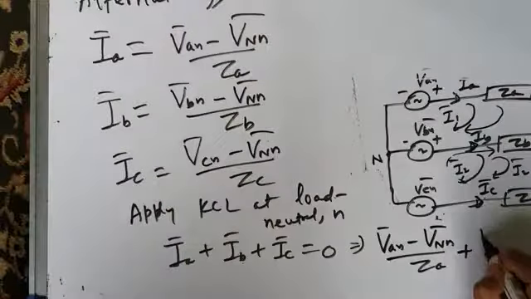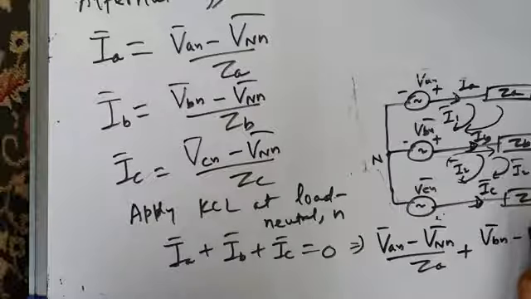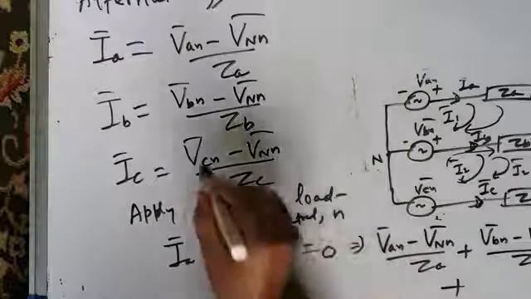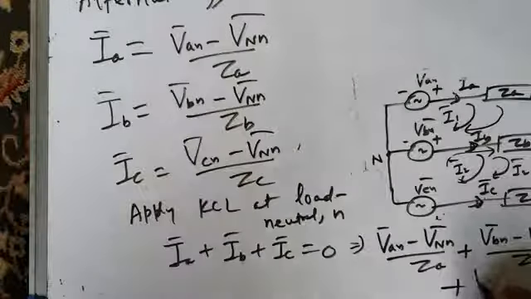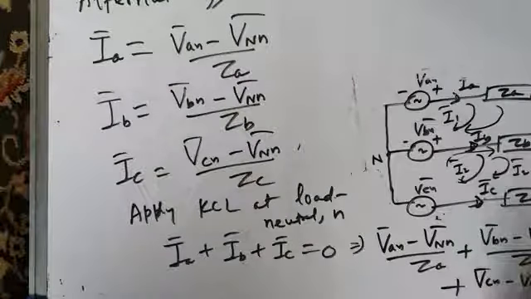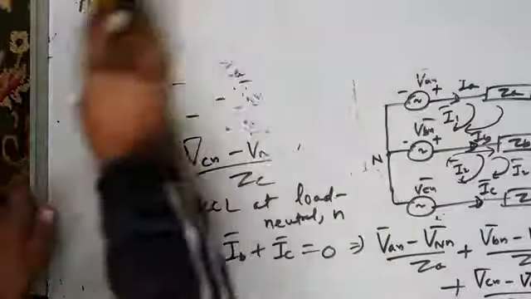IB is this equation, VBN minus VNN by ZB. Plus IC. IC is given by this equation, VCN minus VNN by ZC, is equal to 0. So we can further solve it.